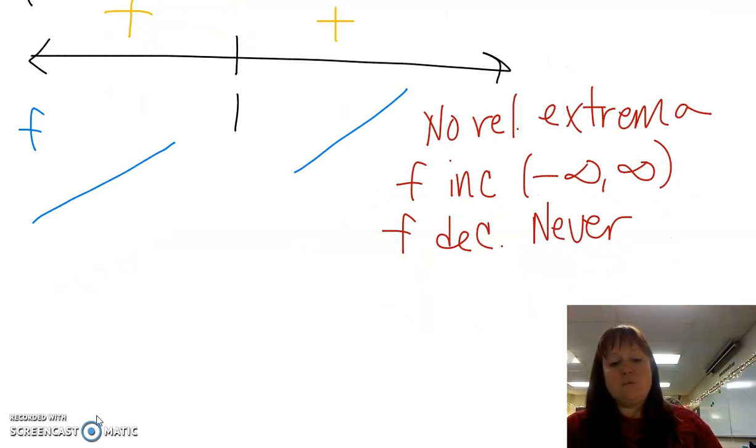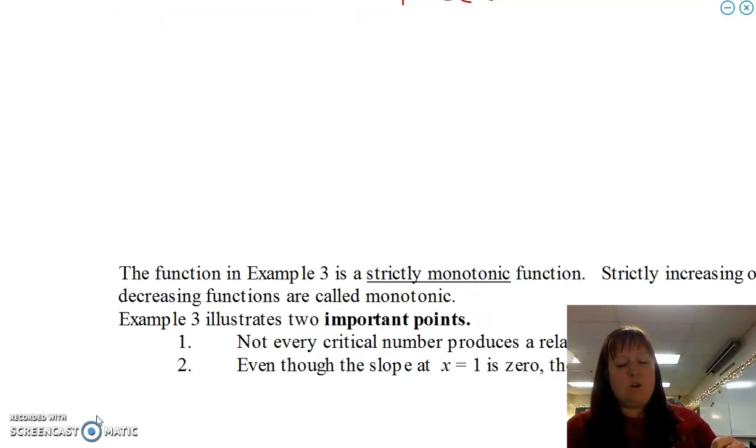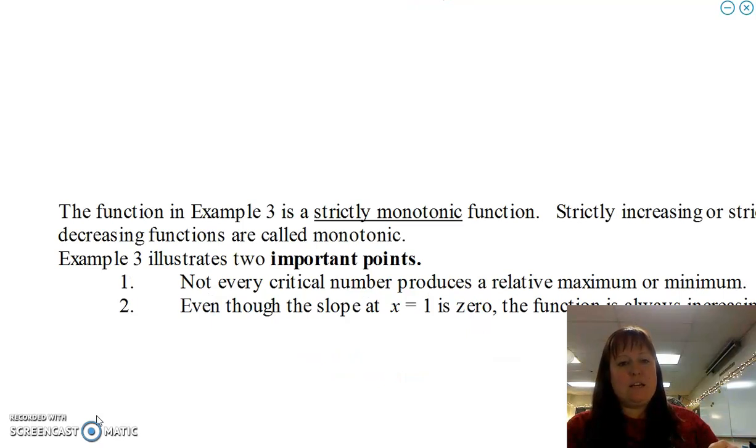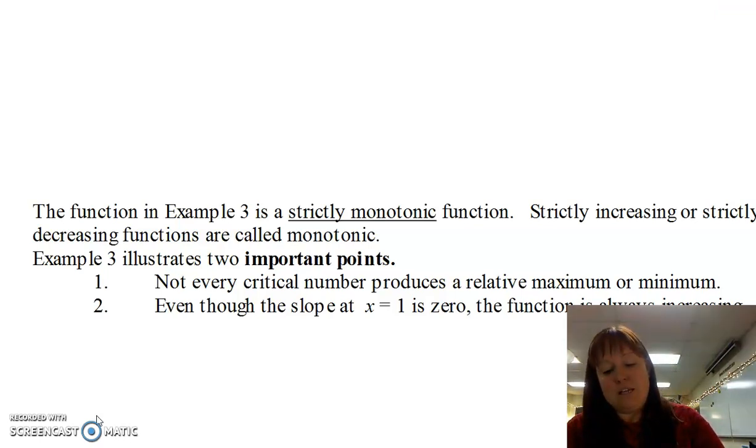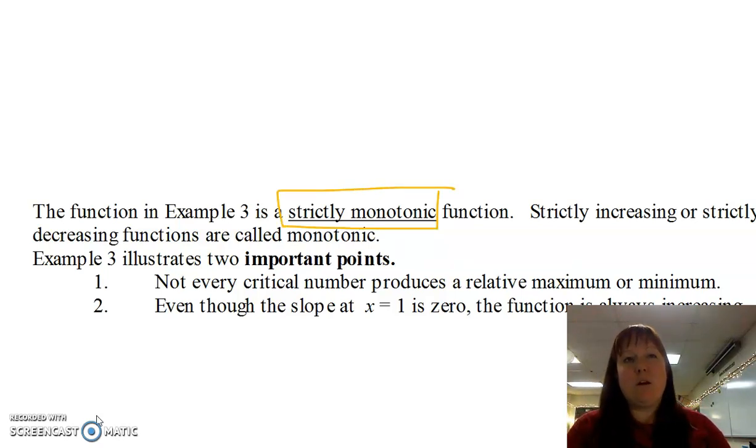Okay, so this is what we learned from this one, and just some terminology that you might want to know. So basically what we said is this example is strictly monotonic, which means that it's either always increasing or always decreasing. This is a word you're going to see a lot, okay? Monotonic. So just remember that word.